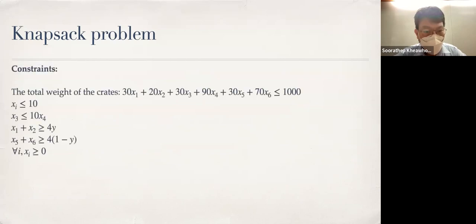Now look at the constraint. The condition, remember? Must be greater than 4, right? Okay. We have y here because at least one condition must be true.